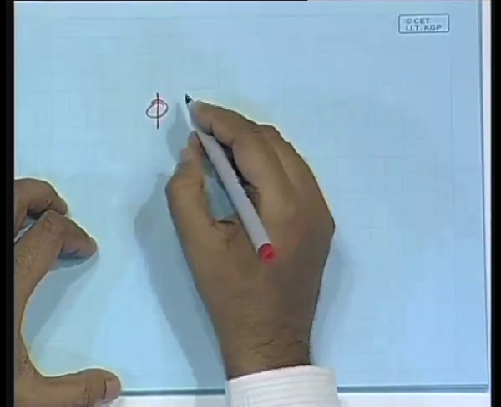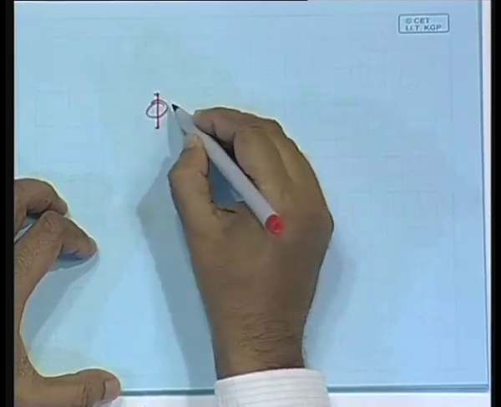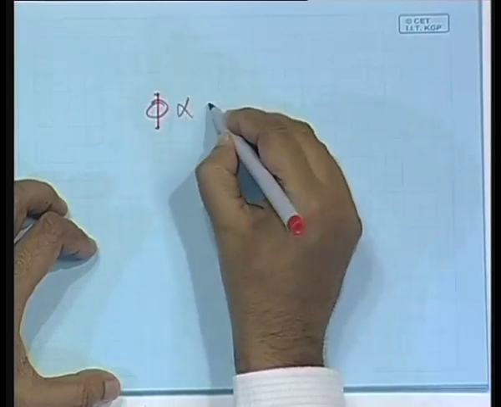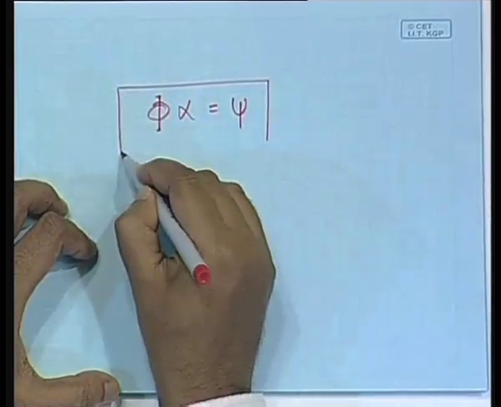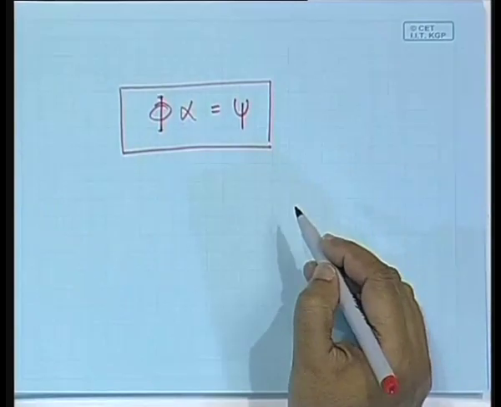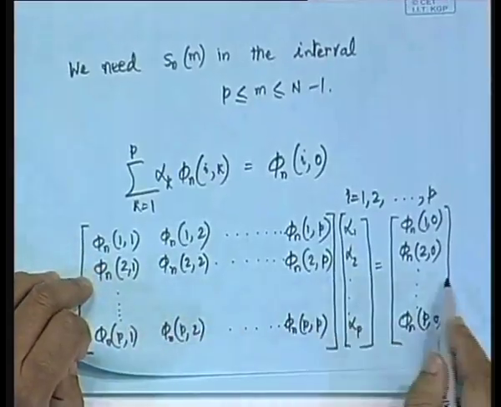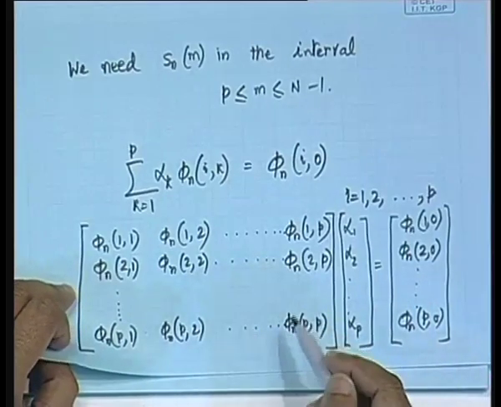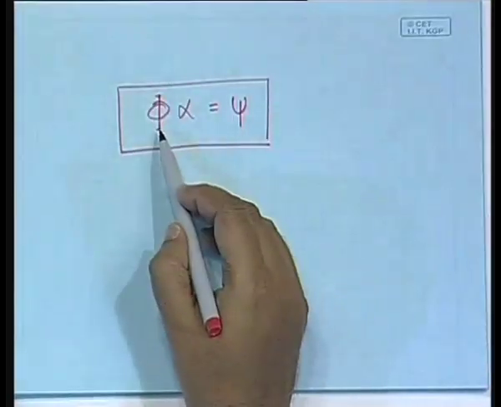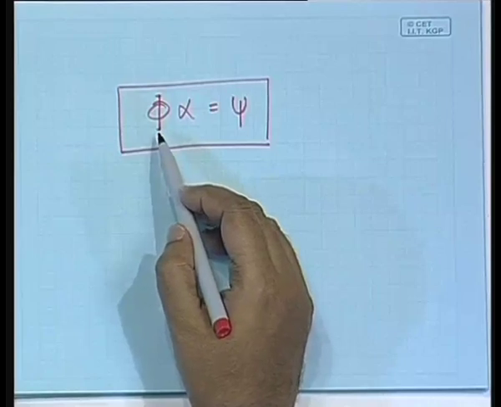So, this is phi times alpha is equal to psi. So, this is the matrix equation representation of what we have written down over here. Now, only thing to notice is that what I write by phi is a phi matrix.